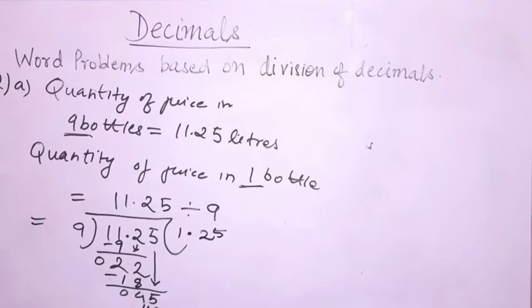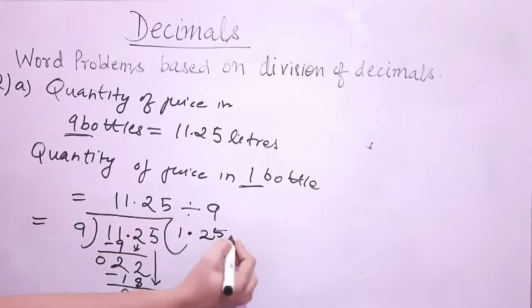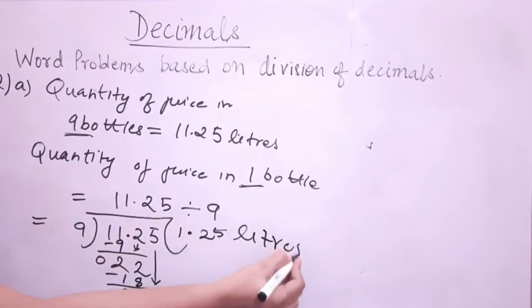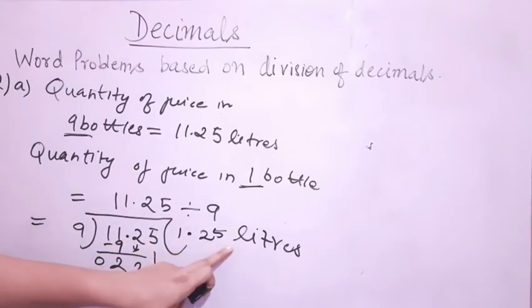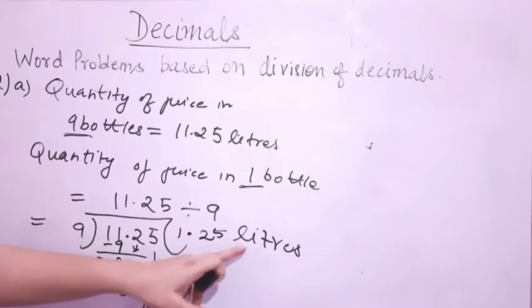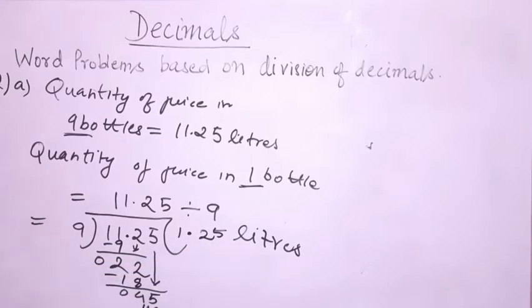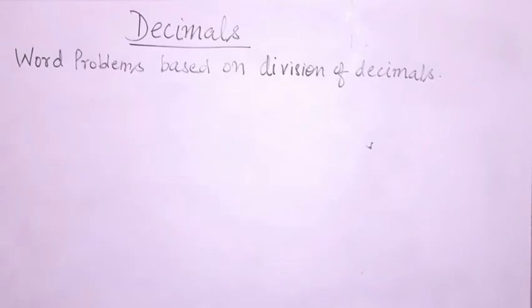Now students, what is the quantity of juice in one bottle? The quantity of juice in one bottle will be 1.25 liters. Don't forget to mention the unit, because half marks will be deducted if you are not writing the unit. If liter is written then liter, if milliliter is written then milliliter. So you have to definitely mention the unit. Now let's move on to the next question, students.